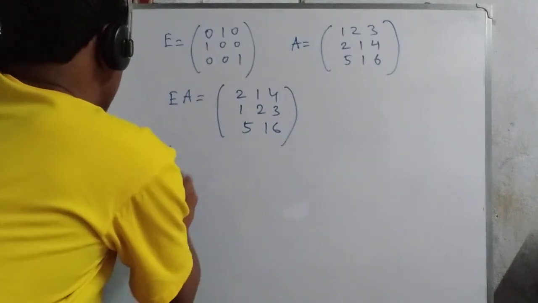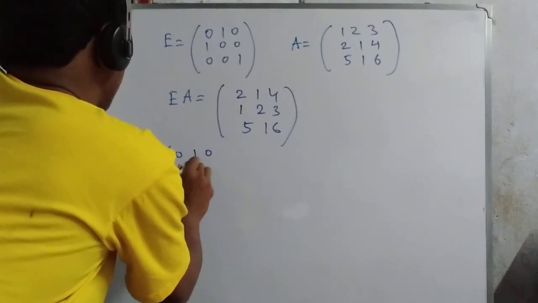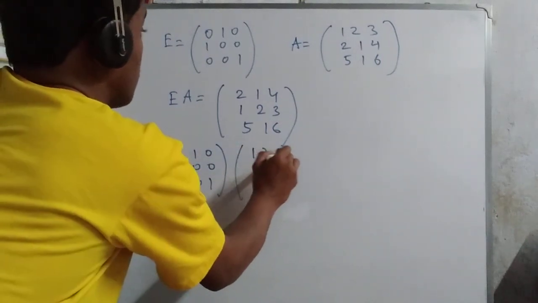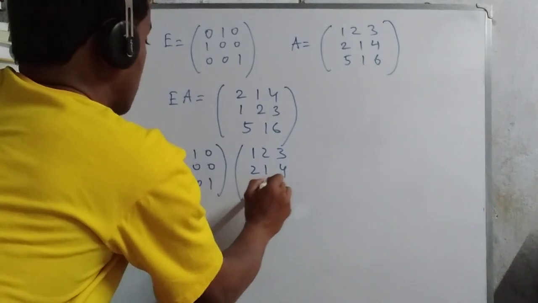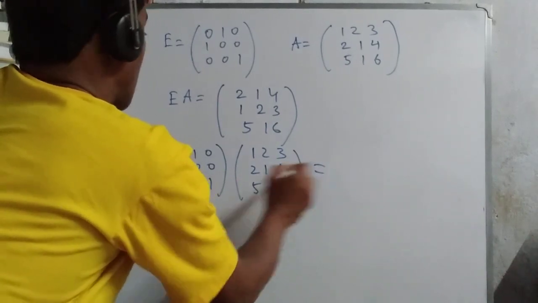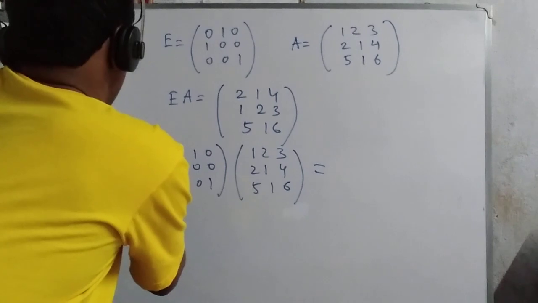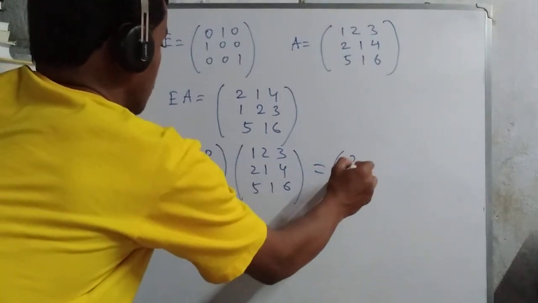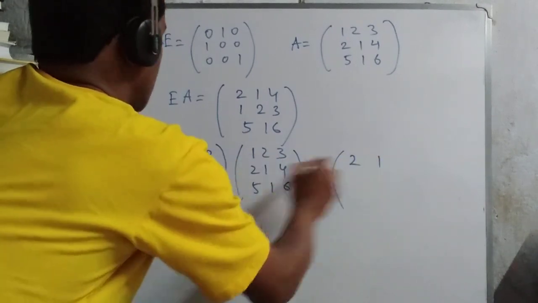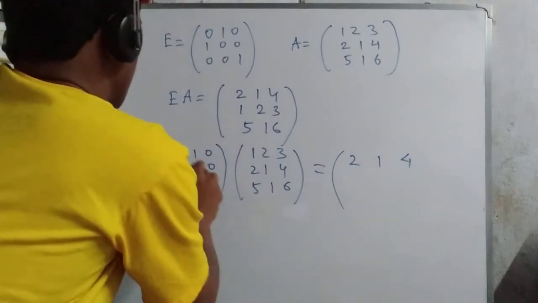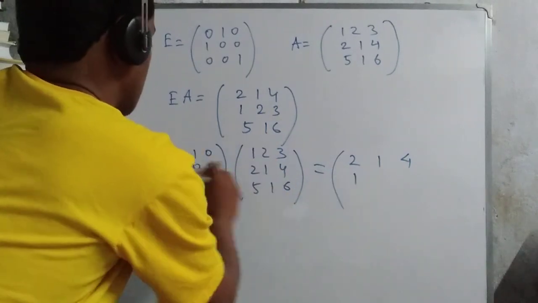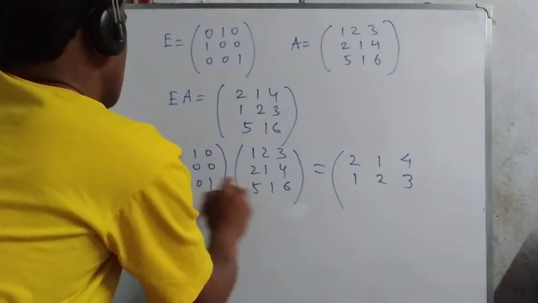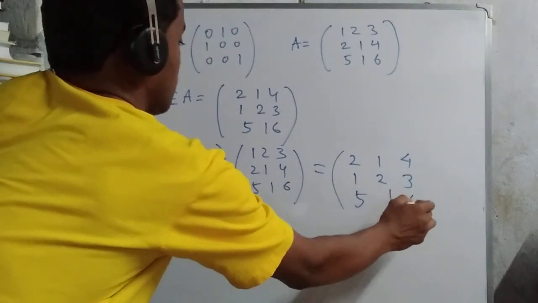Sorry, first we multiply this one. In this way we also check this one: 1 2 3, 2 1 4, 5 1 6. Then what do we obtain? We see 2, 1, 4, next 1, 2, 3, then 5 1 6.